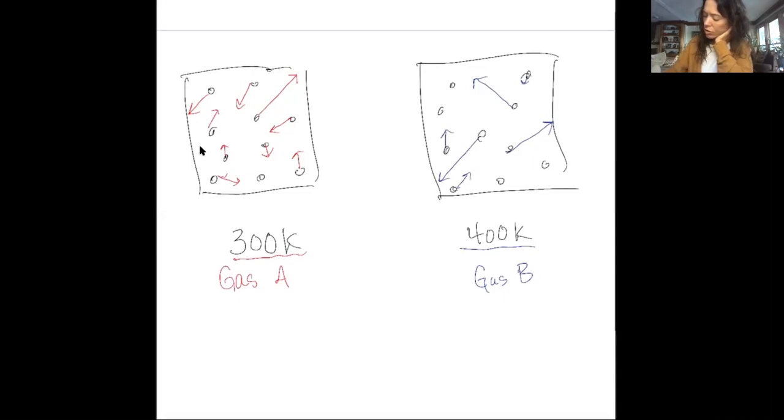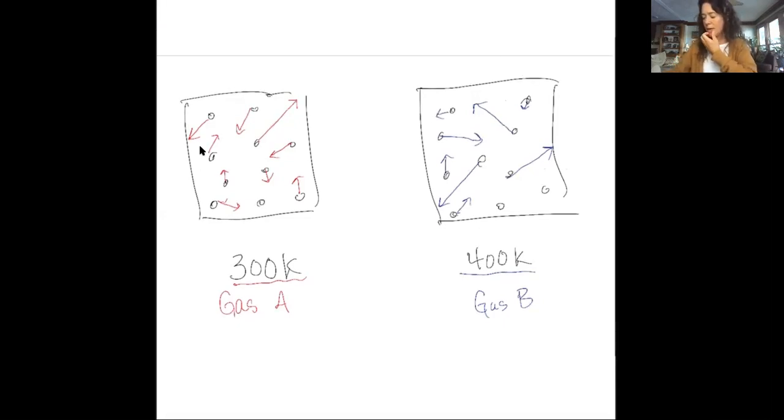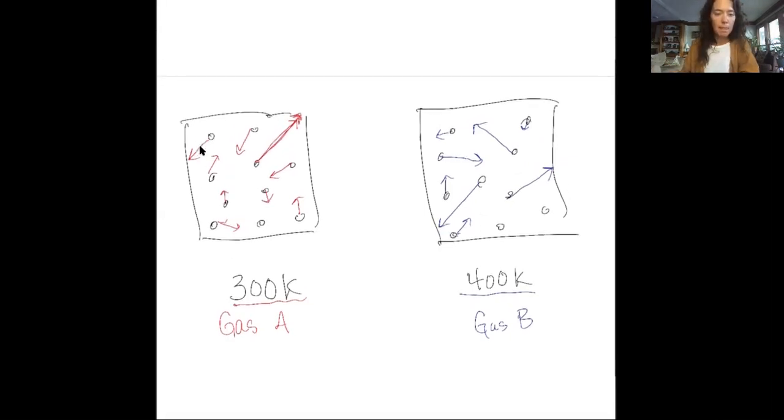But a larger number of them will have a high speed than the lower speeds. Notice though, gas A might have the fastest moving particle of them all, but on average, it's a lower speed.